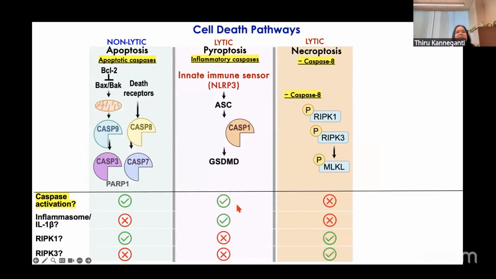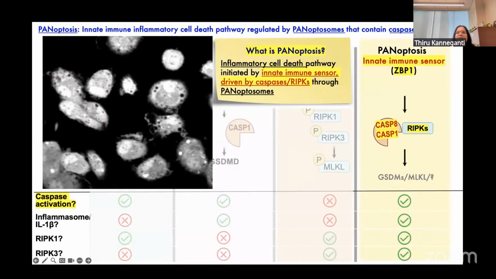So overall, as we discussed, the lytic pathways so far are pyroptosis, which is inflammatory caspase dependent and Gasdermin dependent. Another lytic pathway is necroptosis, which happens only when caspase-8 is absent and the executioner is MLKL. And then we defined another new innate immune lytic pathway, which is panoptosis.